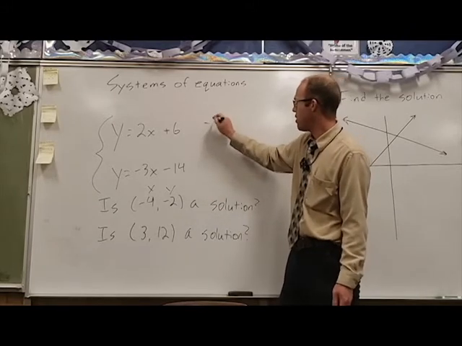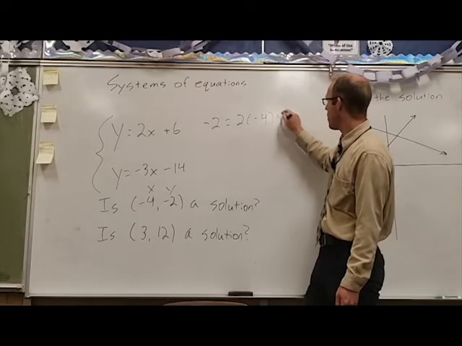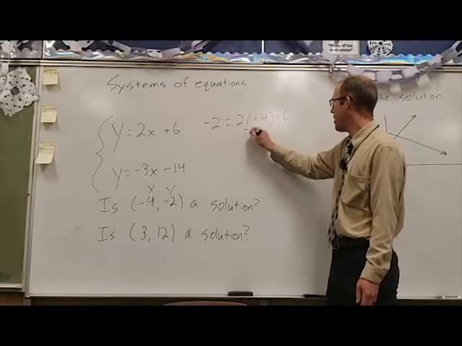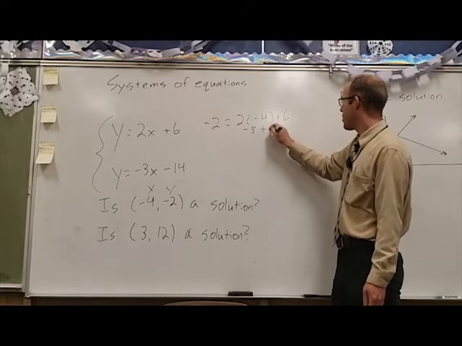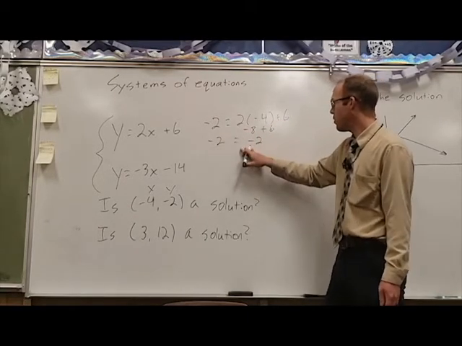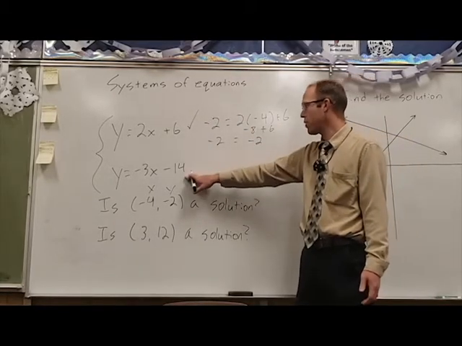For this first equation, we get -2 equals 2 times -4 plus 6. Let's simplify that. 2 times -4 is -8. So we get -8 plus 6, which is -2. And -2 does equal -2, so it works for this equation. Let's see if it works for the second one.